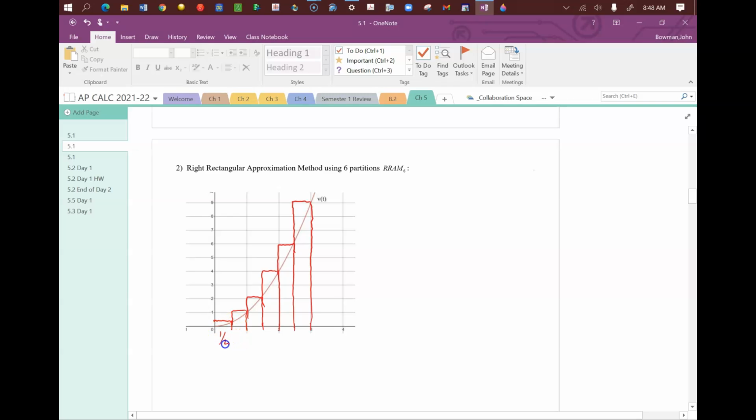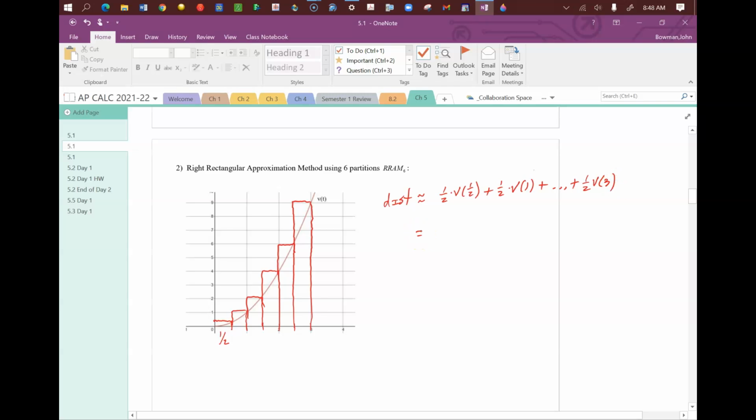Each rectangle is 1/2 second wide, and the distance that the particle travels can be approximated by the sum of the areas of those rectangles, which is going to be 1/2 times v of 1/2 plus 1/2 times v of 1 plus ... all the way up to and including 1/2 times v of 3.